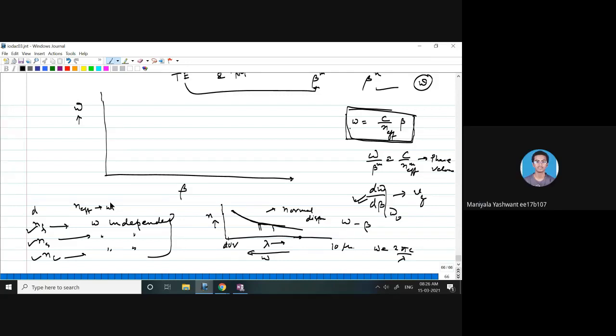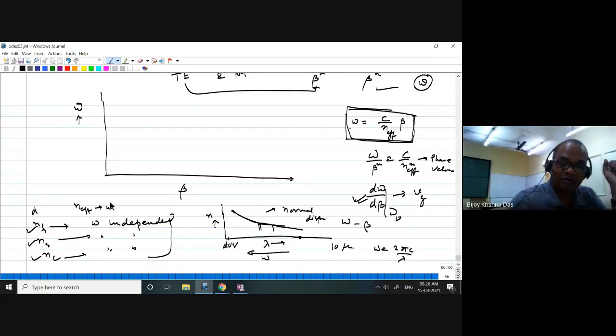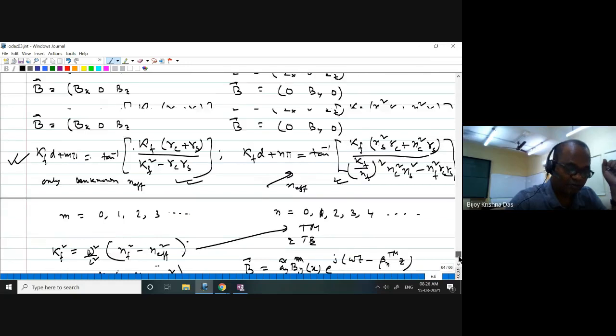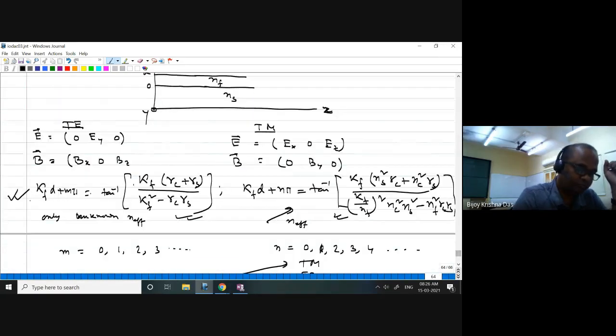No, sir. It cannot be, because in our N effective calculation we have this formula, and D is involved there, right? So the thickness D is there, and omega is there also, and N effective is there.